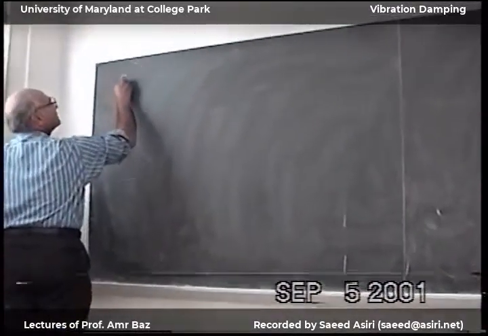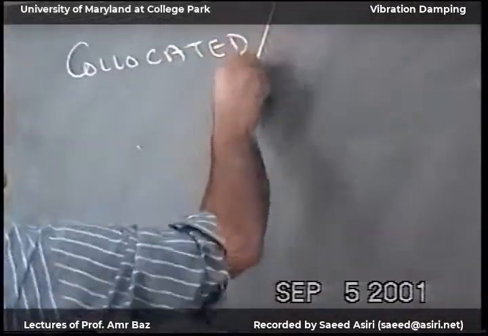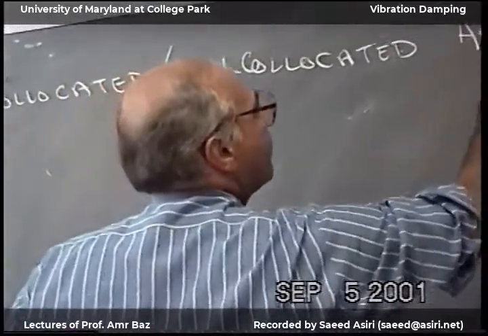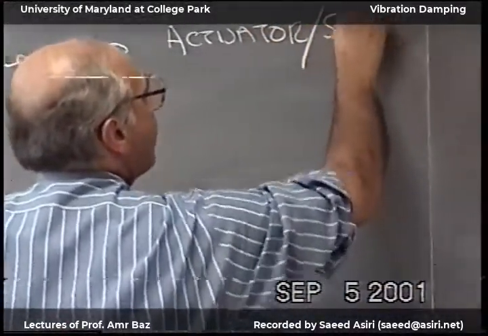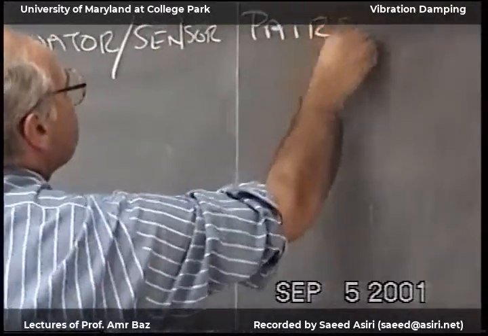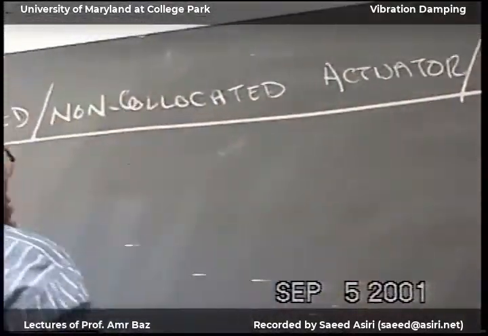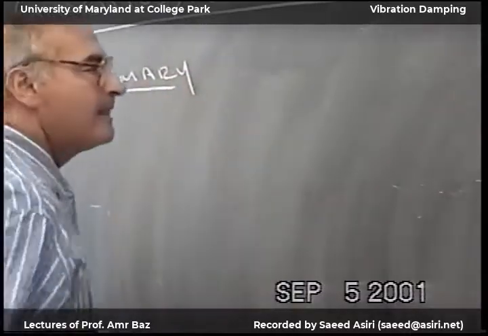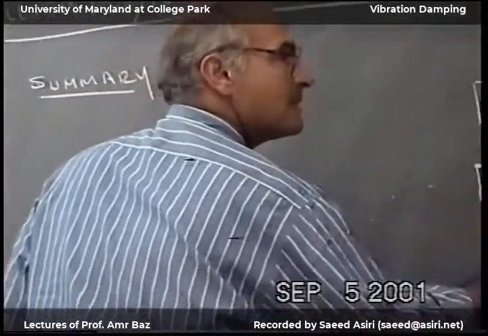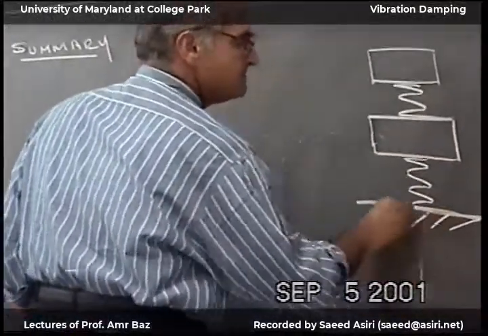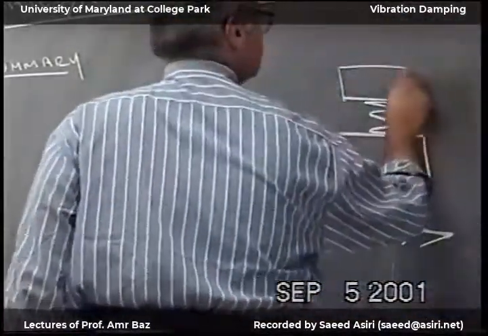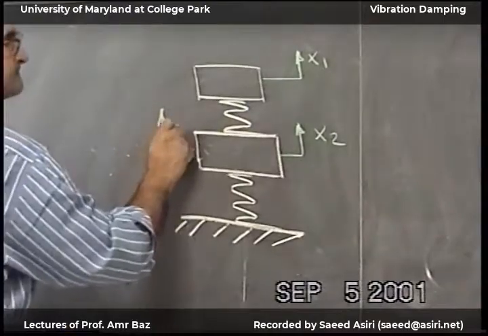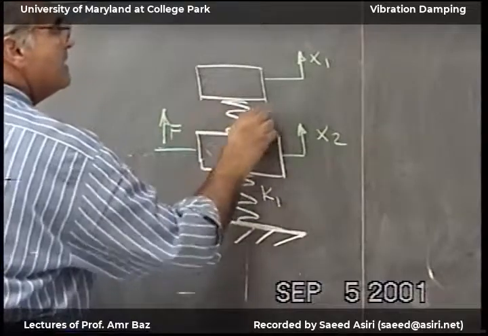Continue the collocated. Collocated. In summary of what we've done last lecture, we looked at M1, K1, K2, and M2.